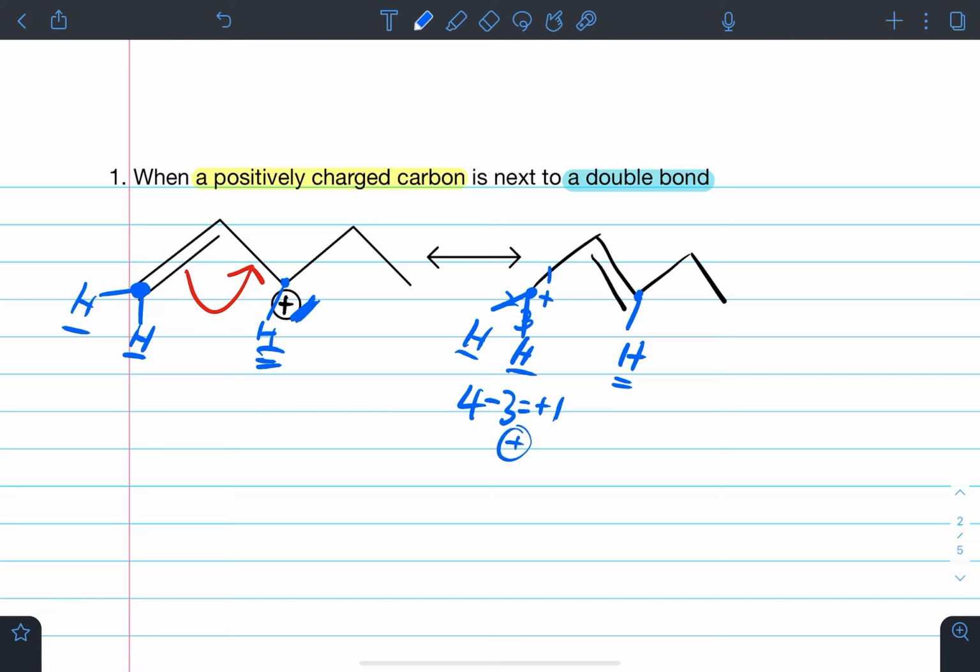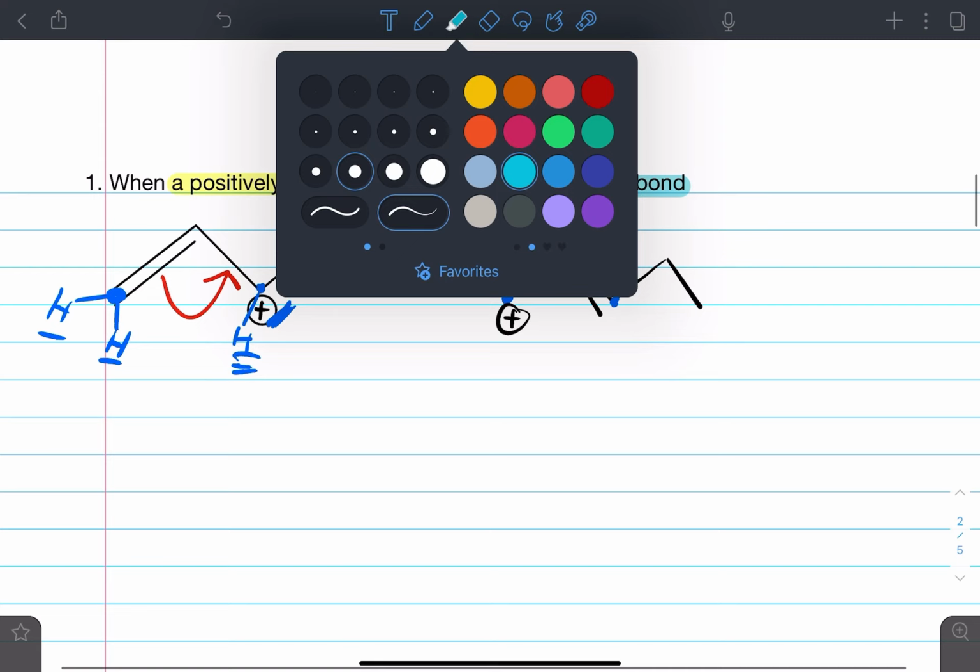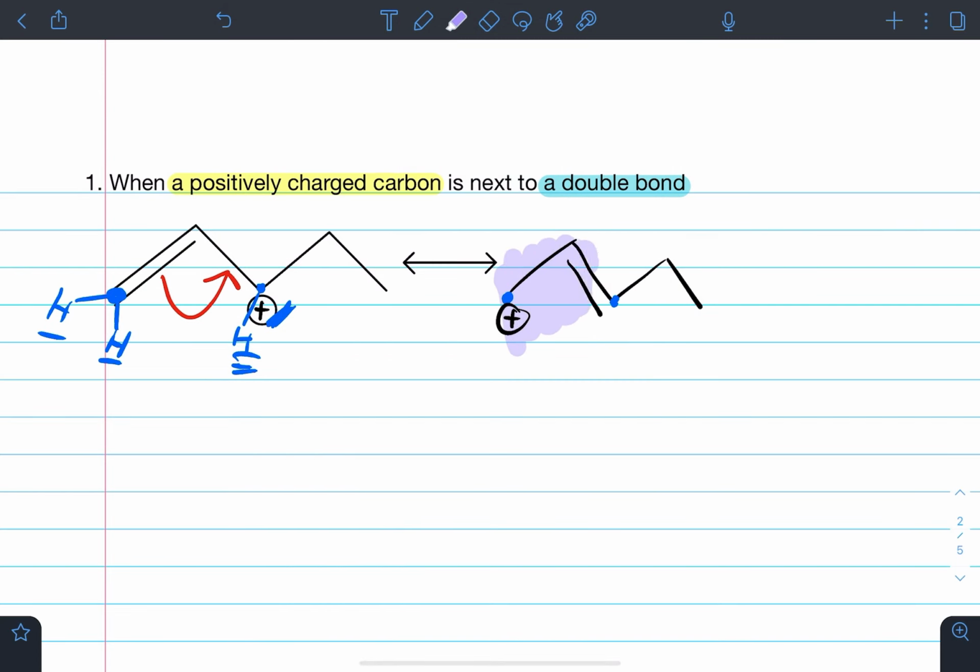So this carbon would have a positive charge here after the movement of these electrons. Okay, let me clean it up. After I clean up the hydrogens, you can see that my final structure of this problem will be this, okay? This will be the answer I put on my exam.